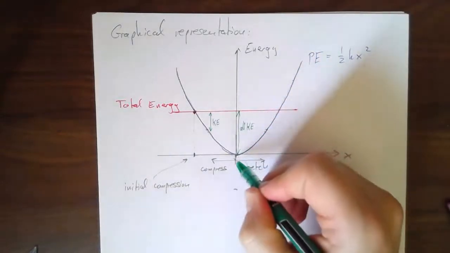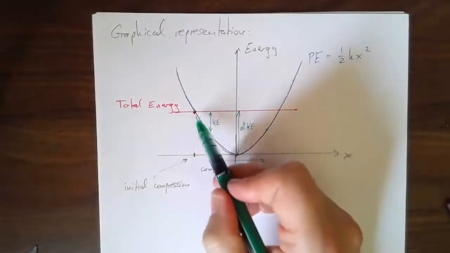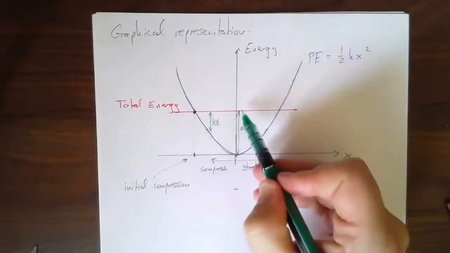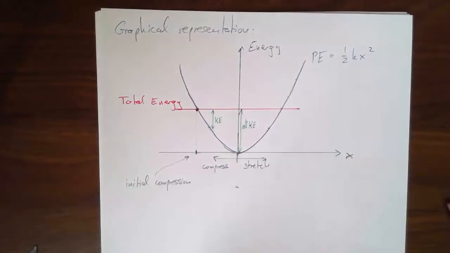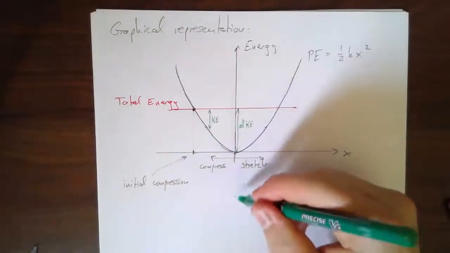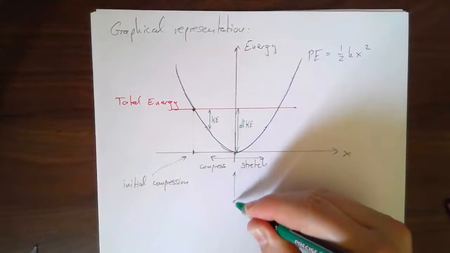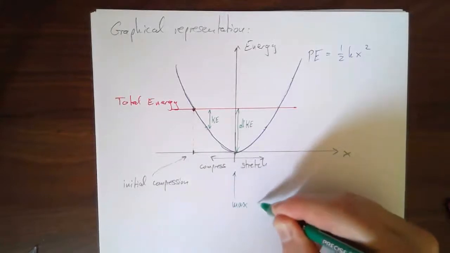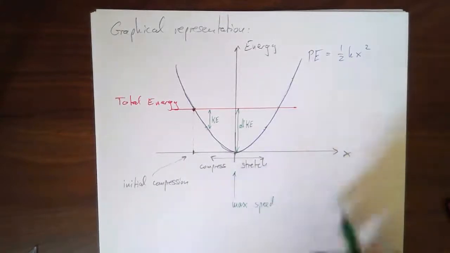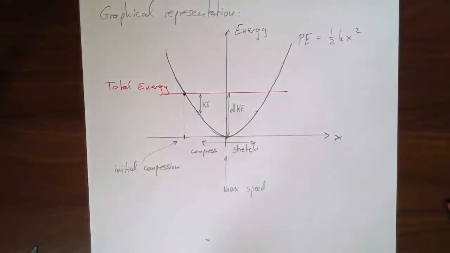Right at the equilibrium point, no potential energy. Whatever energy I gave it here, it's all going to be kinetic. So this is the point where it has the most speed. Maximum speed. We're going to calculate what that maximum speed is in just a second.